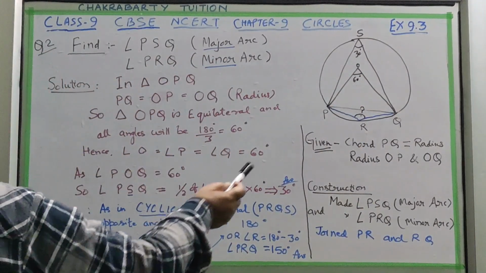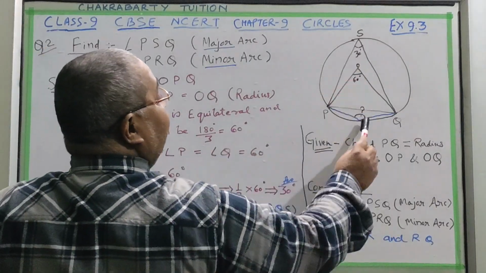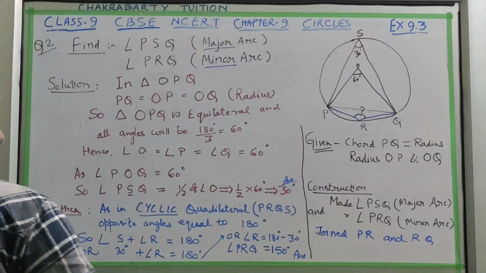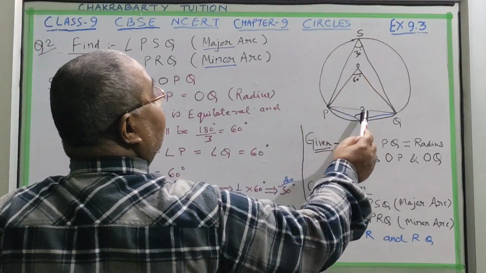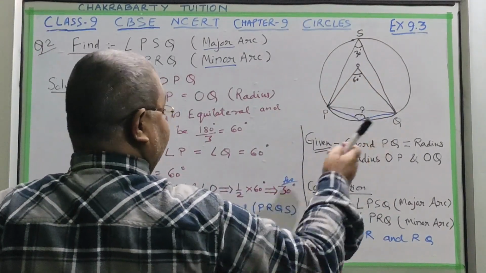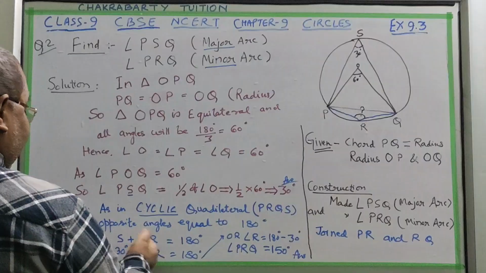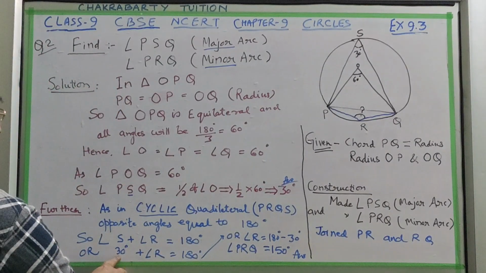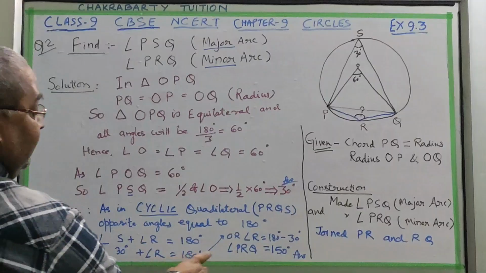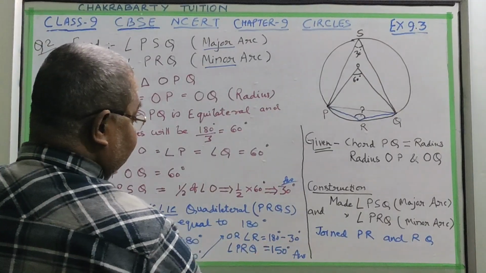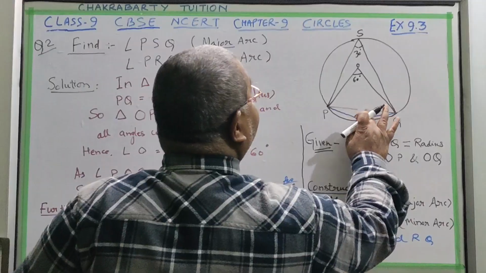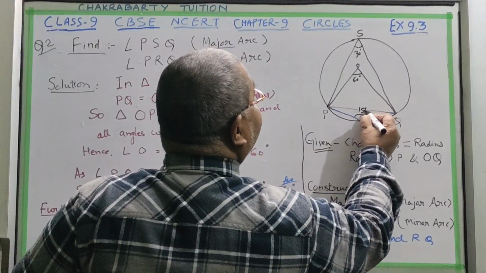So here angle S and angle R, their total should be equal to 180 degrees. Now S is 30 degrees, so how much should it come to? It should come to 150 degrees. S plus R is equal to 180 degrees, S is 30 degrees, so R will be 180 minus 30, which is 150 degrees.